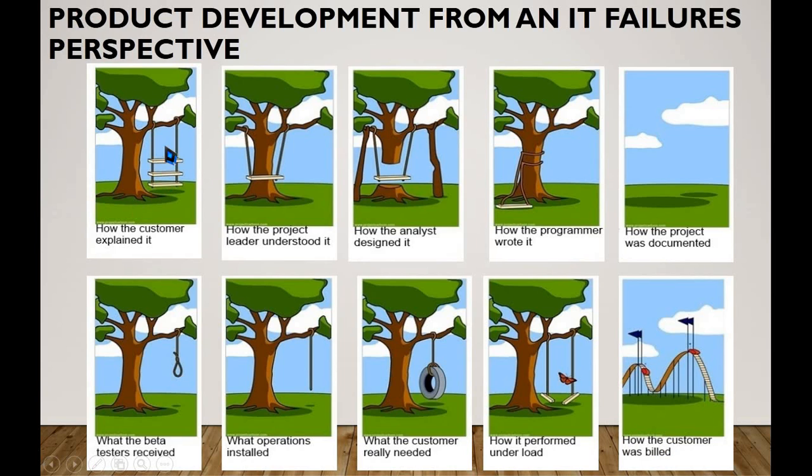So from starting with this phase and ending with this phase, all the stages are inconsistent with each other, meaning there are some lags between the different levels of information passing. So this is the main failure from the IT perspective.